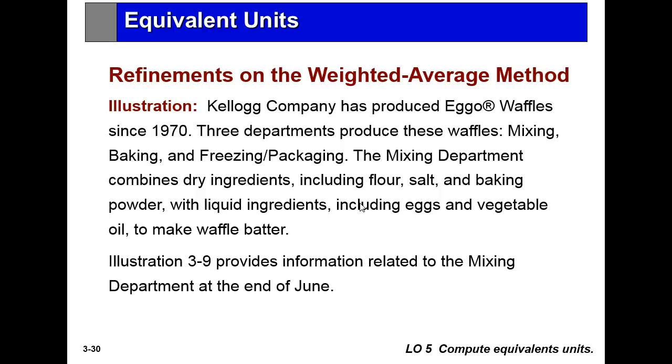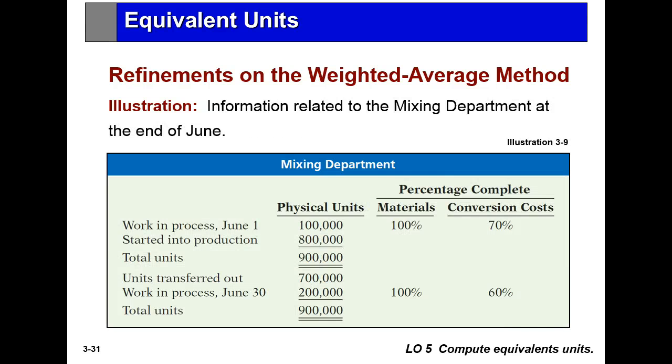So in the mixing department, it started with 100,000 units. We started into production 800,000 units. We transferred out 700,000 units, and still sitting in the department as of June 30th, we've got percentage complete, 100% of our materials, but our conversion costs are at 60% complete.